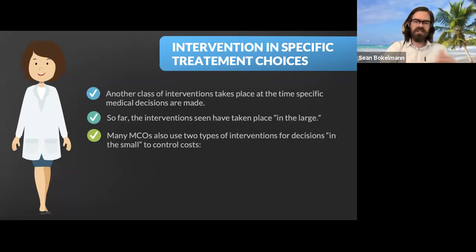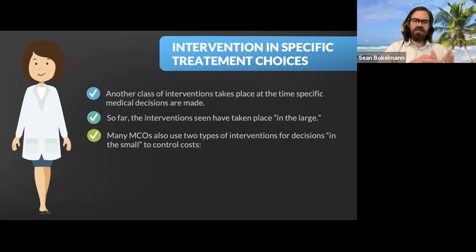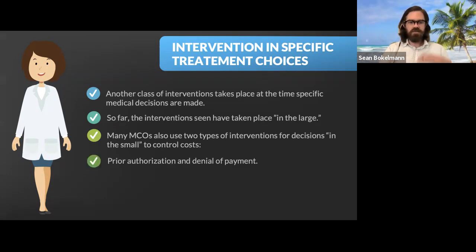So far, what we've seen are what are called interventions that take place in the large. I'm not really sure what your book means by that, but I guess it means in the large scope of things. But there are also potential interventions that take place in the small. And there's two in particular. One of them is called prior authorization, and the other one's called denial of payment.